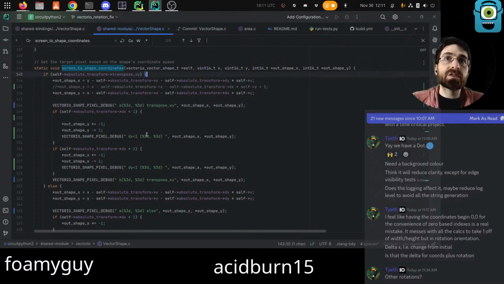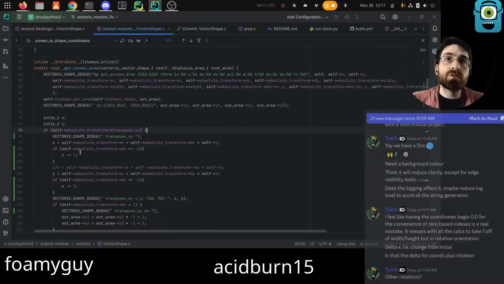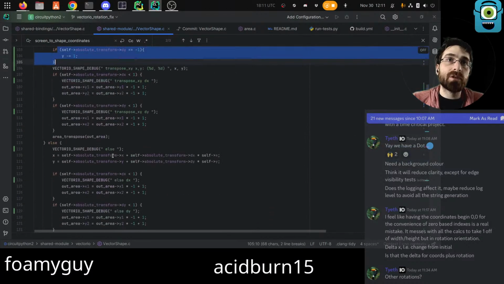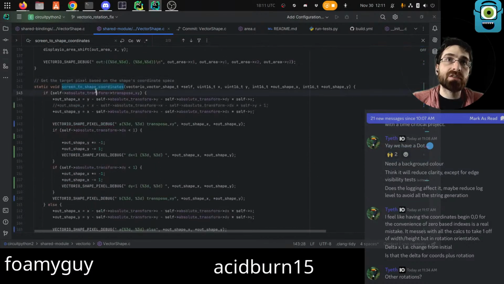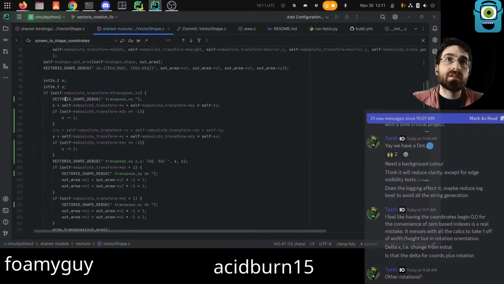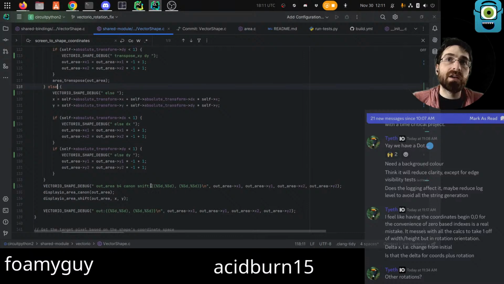So the two pieces of code we've touched are inside get screen area right here, and the same one for the Y right there. And then inside screen to shape coordinates right here and right here. And both of these are if absolute transform transpose XY. But they both also have an else.